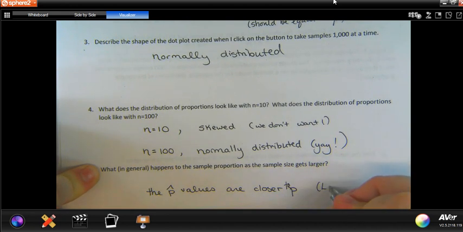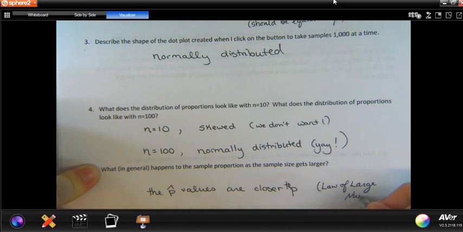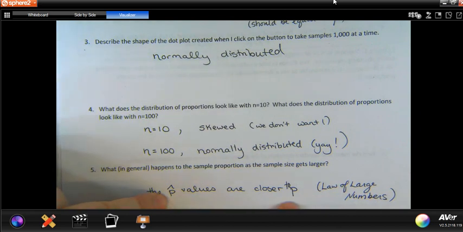And this is that law of large numbers that we talk about back in probability, where the more you repeat a process, the more that sample value is going to behave how we expect. Like flipping a coin, if you only flip a coin 5 times, you might not get that exact 50% of heads, but if you flip a coin 1,000 times, it's going to even out to be very close, if not exactly equal to that population value of 0.5.